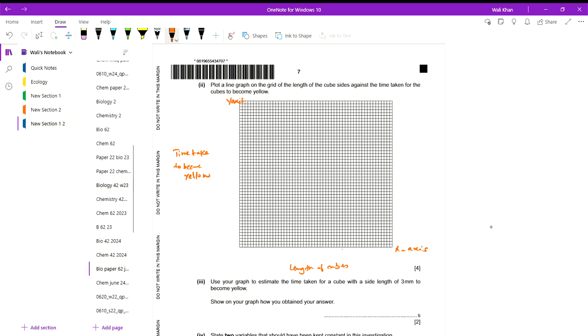So we take here time taken. We take the reading up to 500, and for length we take it up to 10. So it is time in seconds, we will take time in seconds. So it is 0.